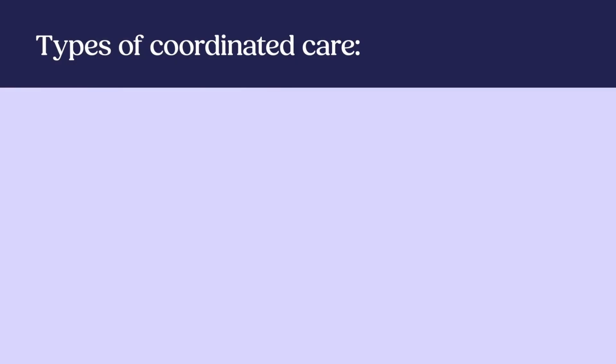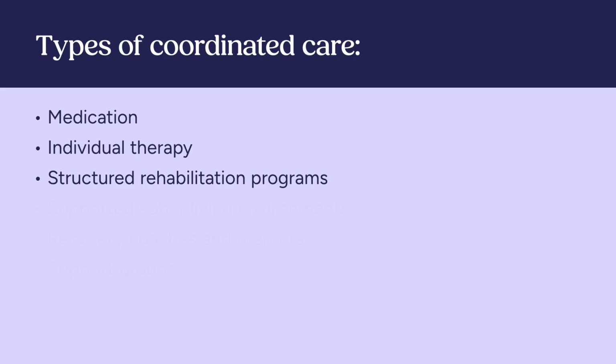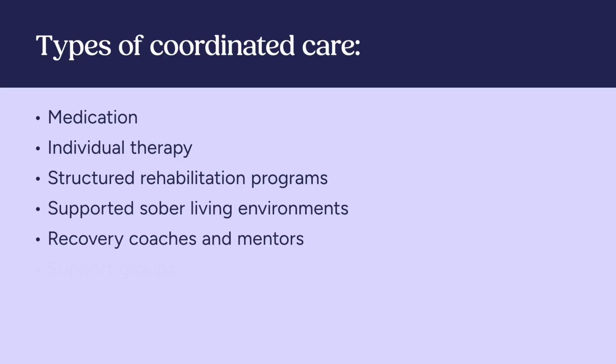The types of coordinated care your child may require include medication, individual therapy, structured rehabilitation programs, supported sober living environments, recovery coaches and mentors, and support groups where your child can develop the skills necessary to manage their condition. Because of the complexities involved with co-occurring disorders, seeking comprehensive professional treatment for your child is frequently necessary for their long-term recovery.